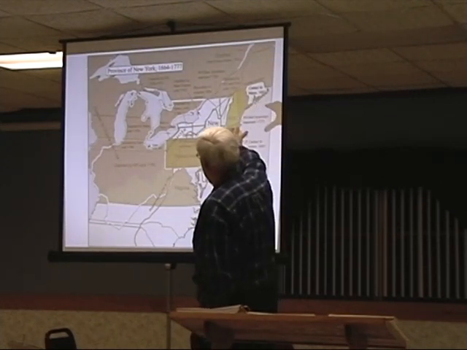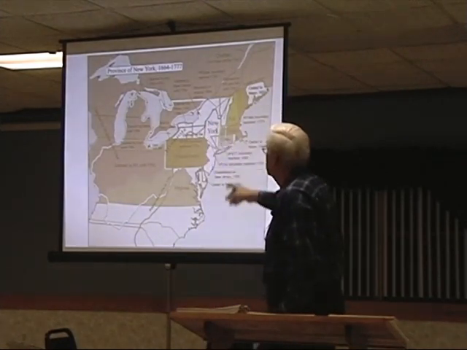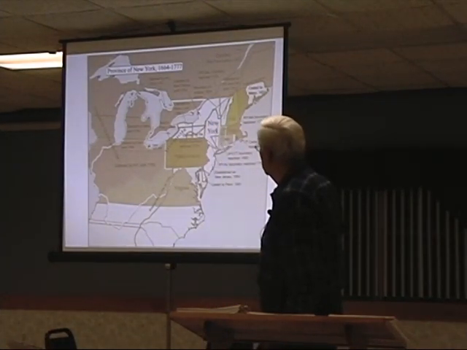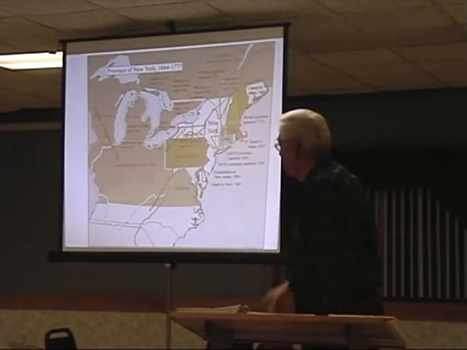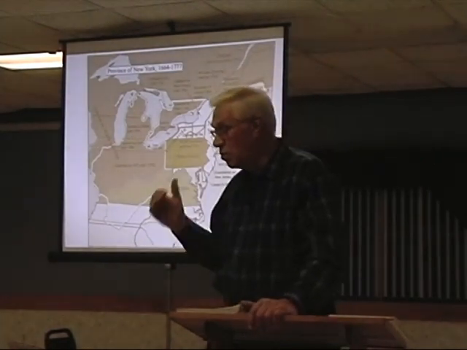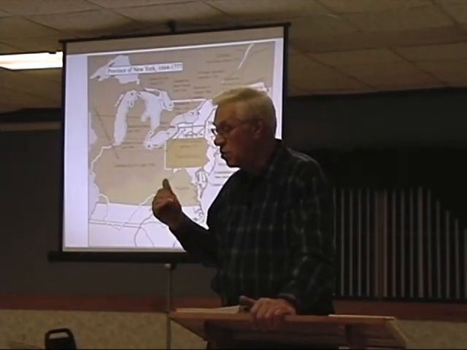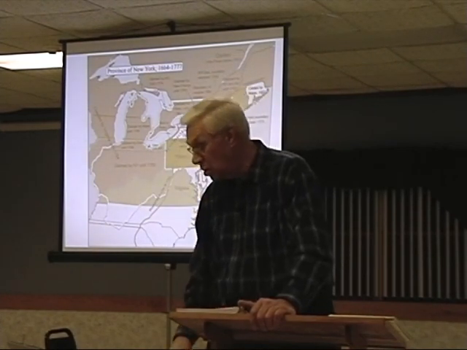So that whole area comprised, at that time, in 1664, the province of New York. But you can see there's lots of other claims on there, and we'll talk about some of those later. But basically, what I wanted to show you is what the area of the province of New York at that time covered.